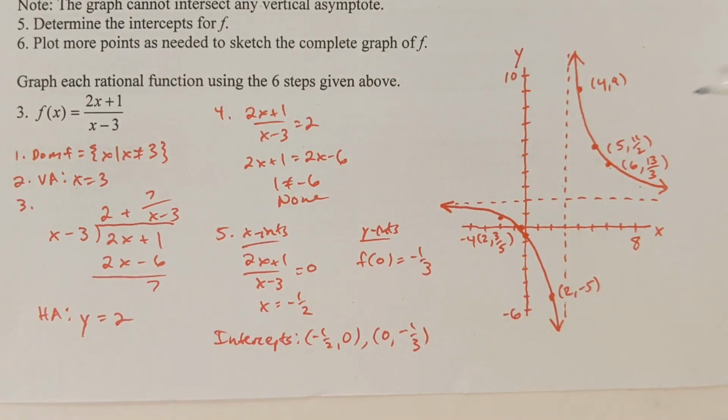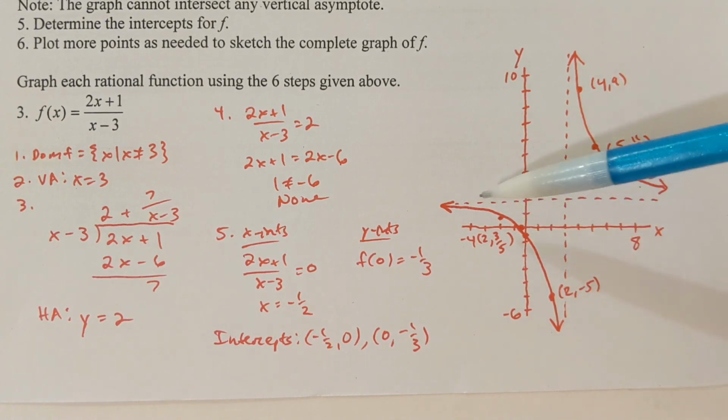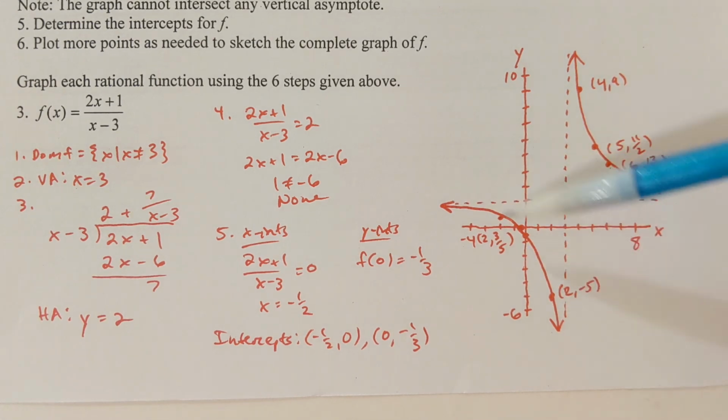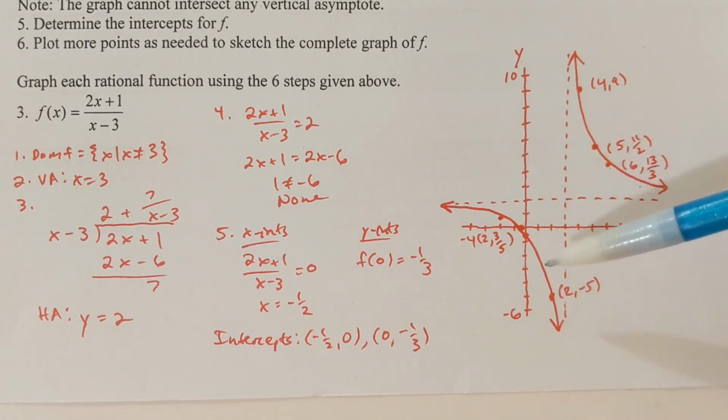What do we know about functions? It's got to pass the vertical line test. So you shouldn't need 5,000 points. 3 or 4 max is really all you need. These 2 points right here tell me the whole story: the entire graph has to be in the lower left-hand region.